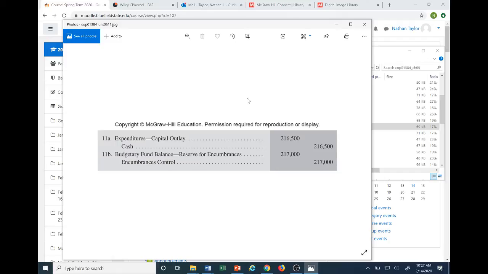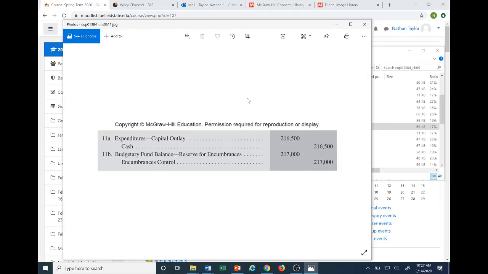So disbursements for items ordered at an estimated cost of $217,000 amounted to $216,500. So of that original entry that we recorded in entry 3, we encumbered $247,698 for materials earlier on. What they're saying is that of that order, $217,000 of the expected order was received.